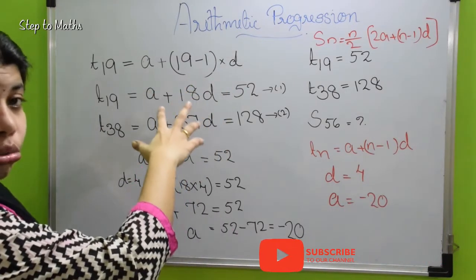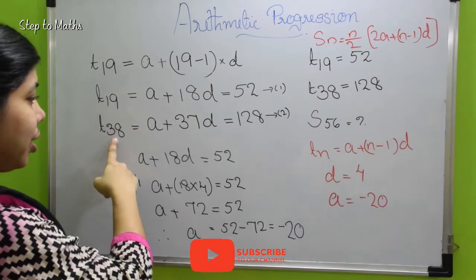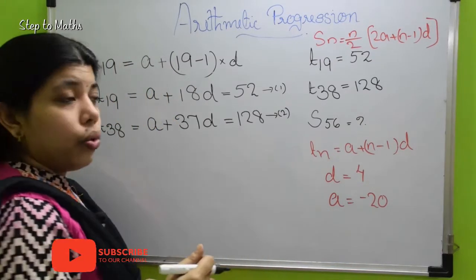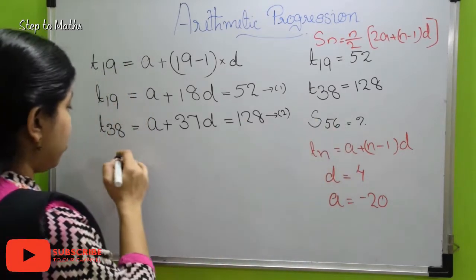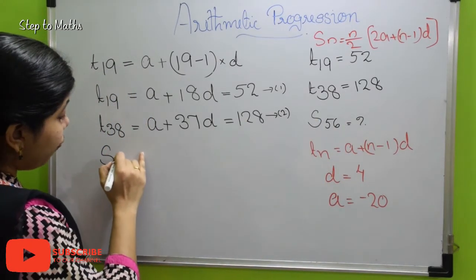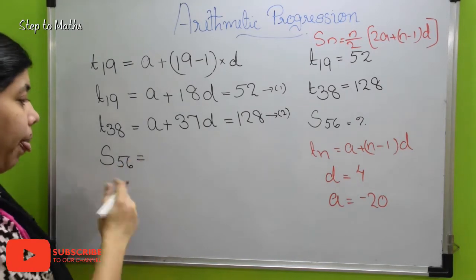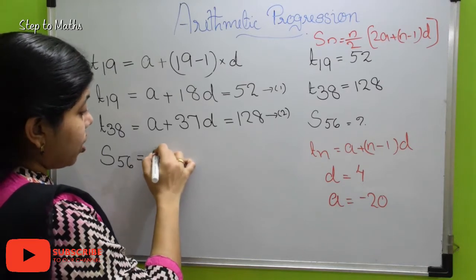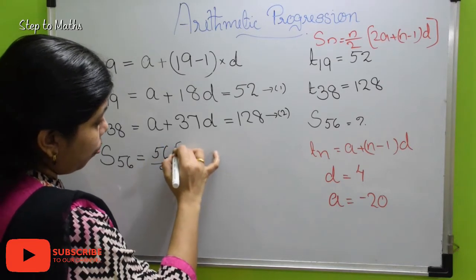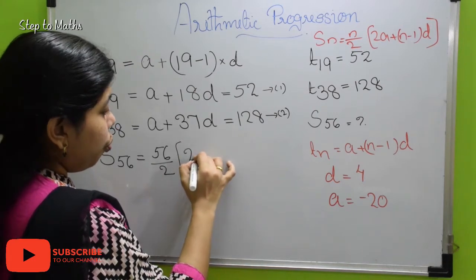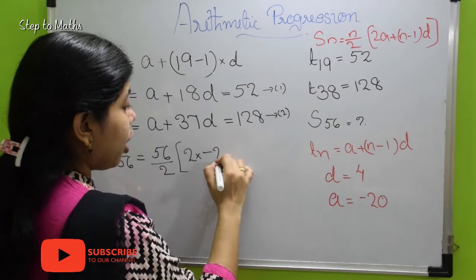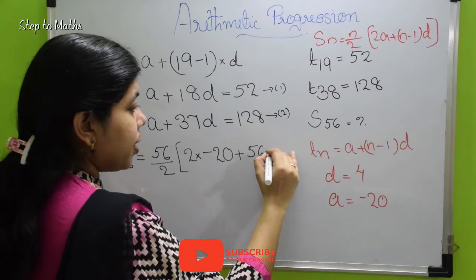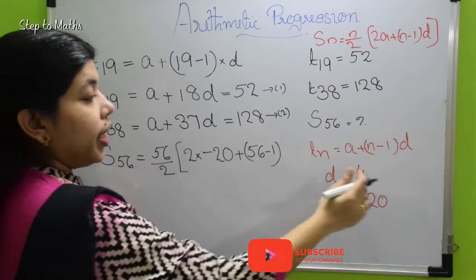From the given terms T19 and T38, we get d equal to 4 and a equal to minus 20. Now find S56, the sum of the first 56 terms of this AP.